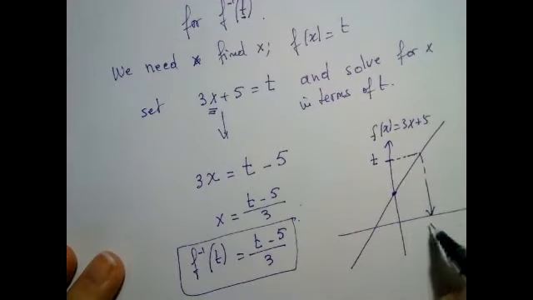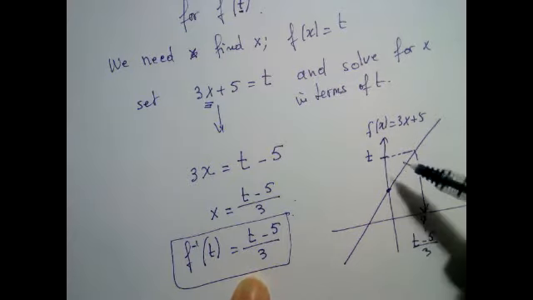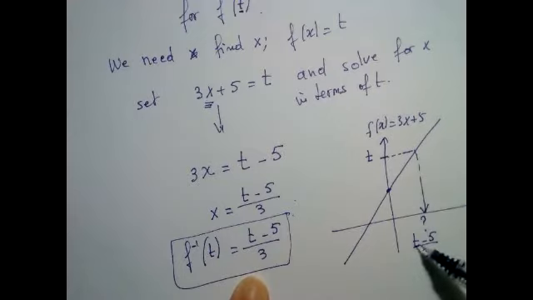I know the t, what is the x that gives me this t? This formula will give it to me. It tells me that's t minus 5 divided by 3. So if the output is 8, the input is going to be 8 minus 5 divided by 3, which is going to be 1. If the output is 10, the input will be 10 minus 5 divided by 3, and so on and so forth. Any other questions before we proceed?